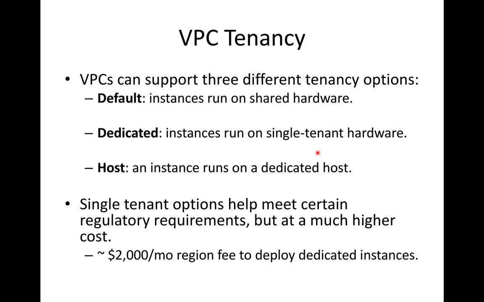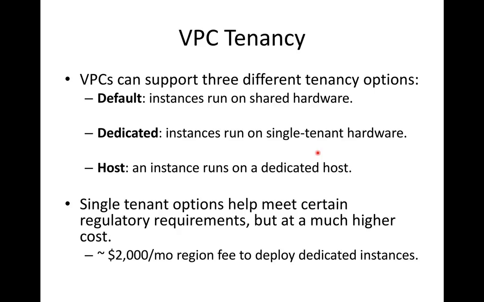And the last option is to run your instance on a dedicated host, meaning that you're gonna deploy an EC2 instance, and it's going to be the only instance running on that physical server. So it will be able to take advantage of all of the computing capacity available on that system. Now, these single tenant options, the dedicated host options, might help you meet certain security regulatory requirements, but you're going to pay a price for that.